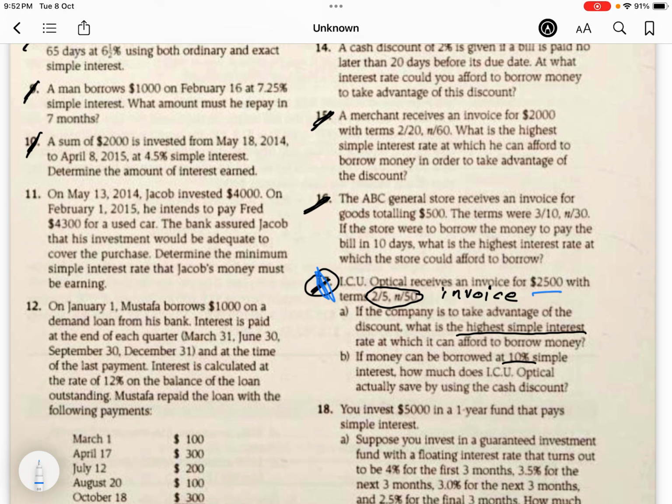A, if the company is to take advantage of the discount, what is the highest simple interest rate at which it can afford to borrow money? B, if the money can be borrowed at a 10% simple interest rate, how much does ICU Optical actually save by using the cash discount? You must calculate I.